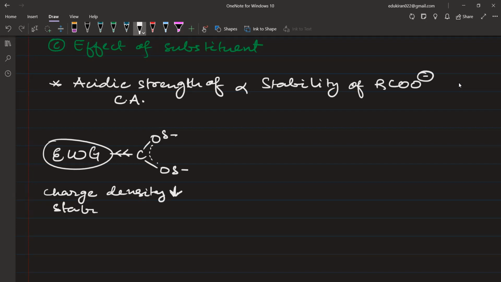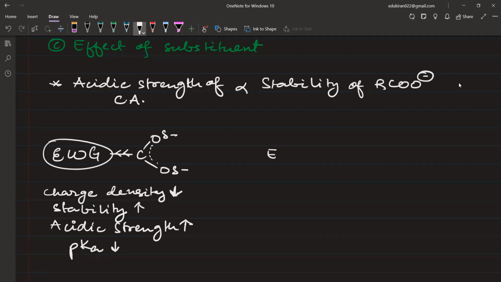Stability will increase. Because of this, acidic strength increases, and because of this, pKa decreases.